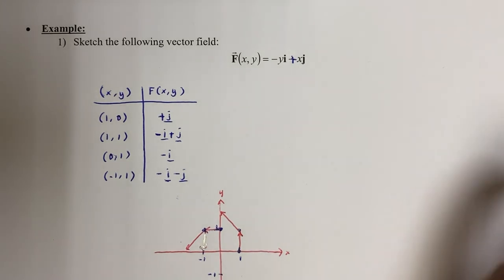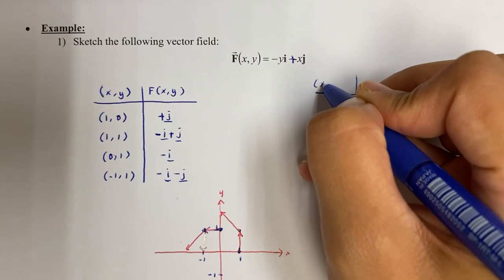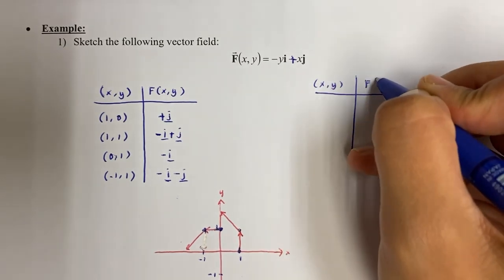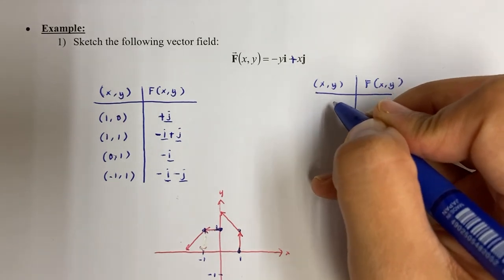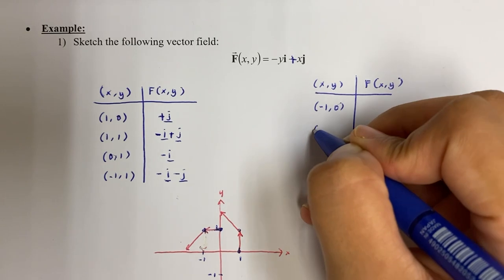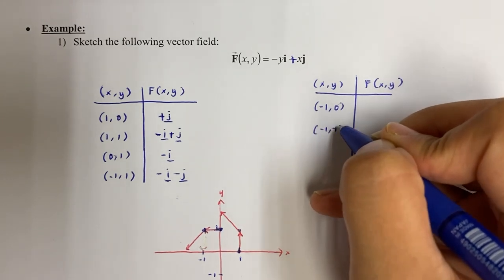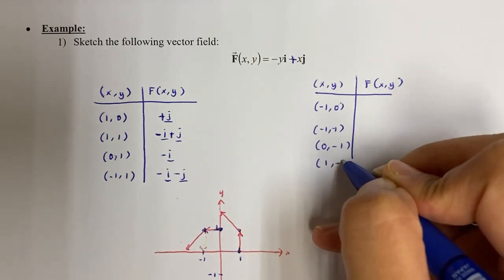Okay, so you can continue with other points. Let's say I have x, y, F(x, y). To continue with this graph, I'm considering (negative 1, 0), (negative 1, negative 1), (0, negative 1), (1, negative 1).